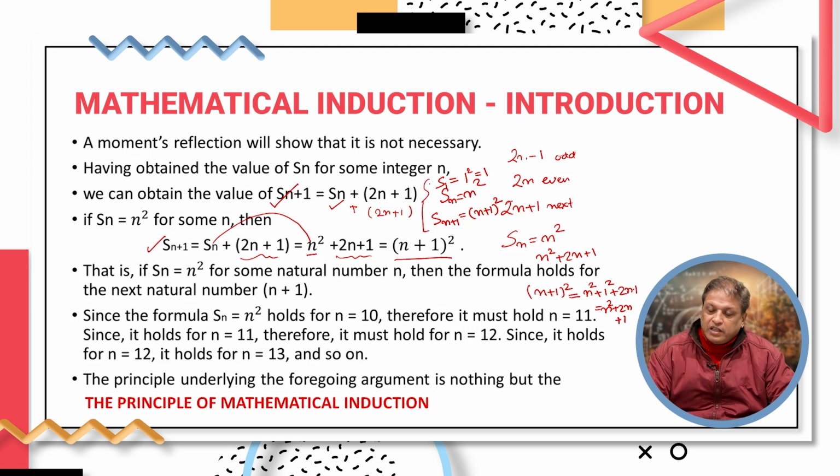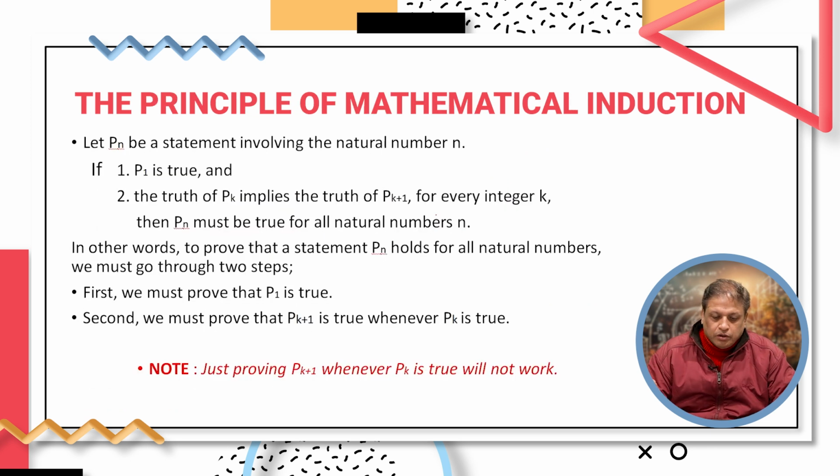So the principle of mathematical induction follows 3 steps. We are supposed to verify the expression, the pattern, for the first term, then for the nth term, and then we want to verify for the n plus 1 term. By following this pattern, you can legalize the proof. So, the steps in the principle of mathematical induction are: let Pn be a statement involving the natural numbers.